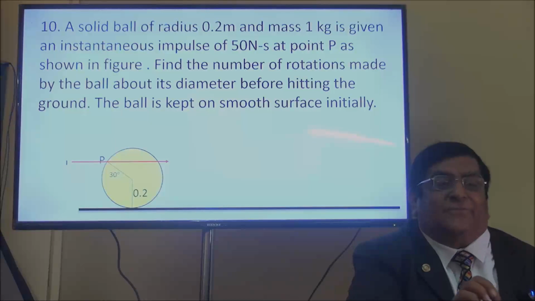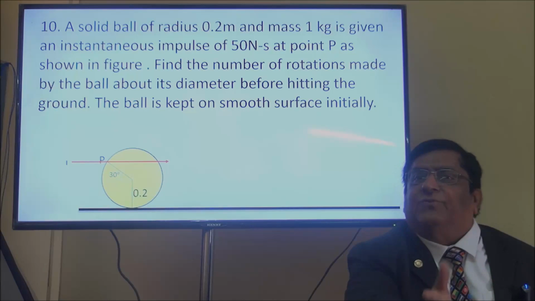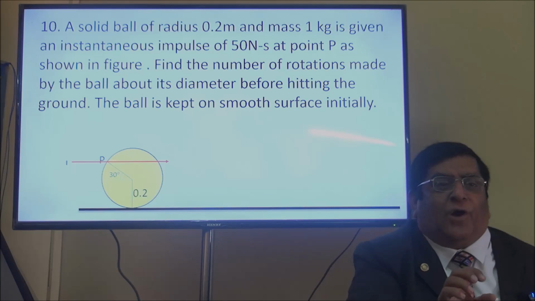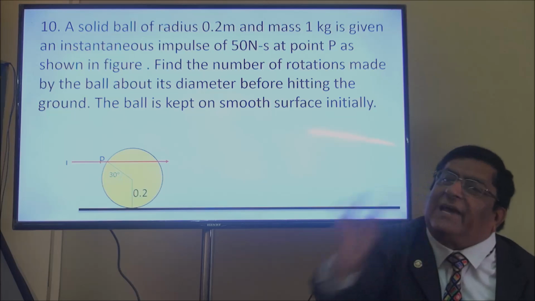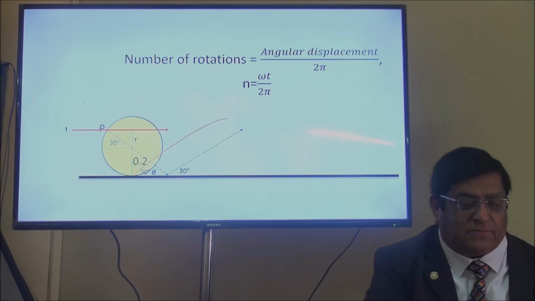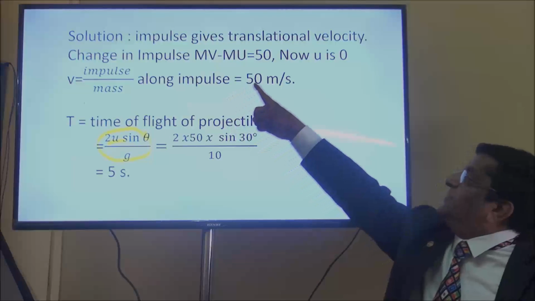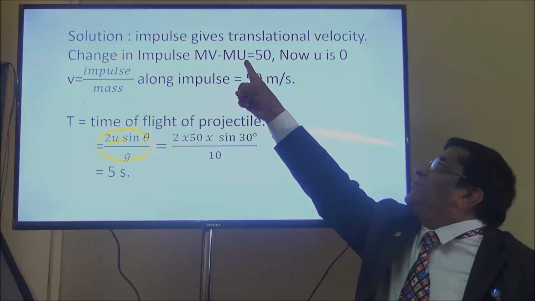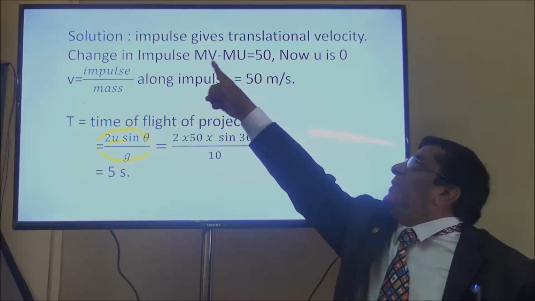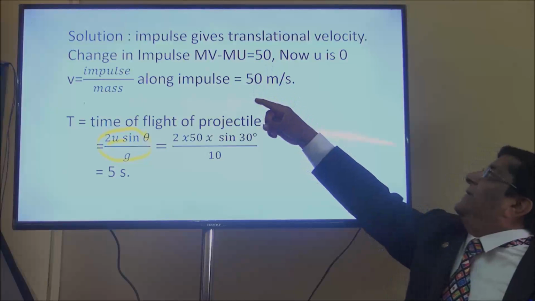Impulse. What is the formula for impulse? M into v. If you want the change in impulse, that is again mv. Why is it mv? Final minus initial: change in impulse is mv minus mu. U was 0. So mv is the impulse. How much is it? 15.